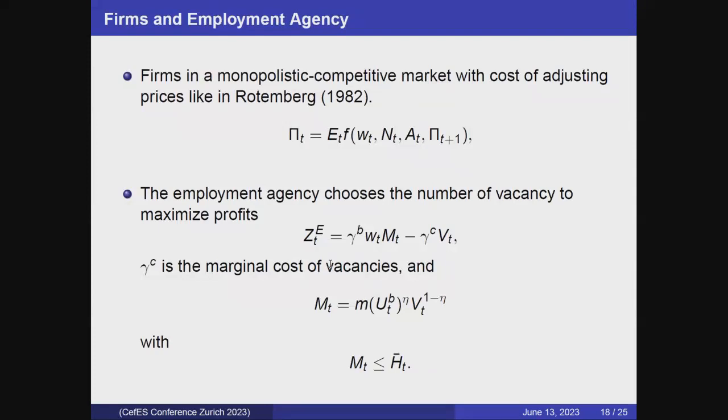So basically, the employment agency is not willing to create too many vacancies if there is no firm that is going to hire. Okay, so they're basically bounded by the number of hires that the firms want to make. Because if I create more vacancies, this is going to be costly for me if the firm is not going to hire. So that's a bound to the employment agency problem.